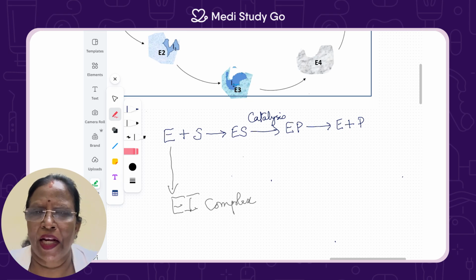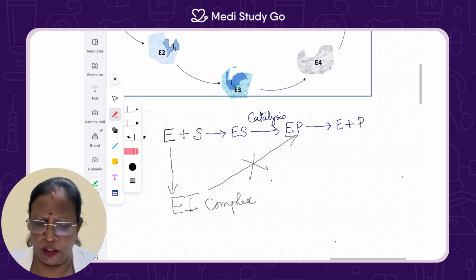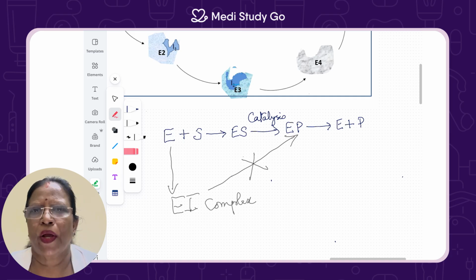In enzyme inhibitor complex, no catalysis will occur. Therefore, you will not get any enzyme product complex and no enzyme and product will be released.